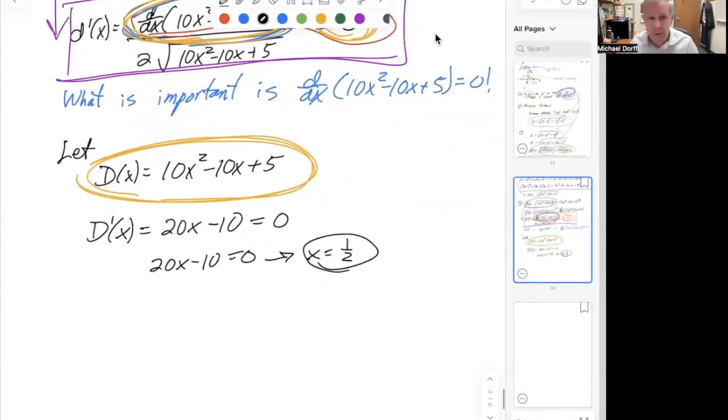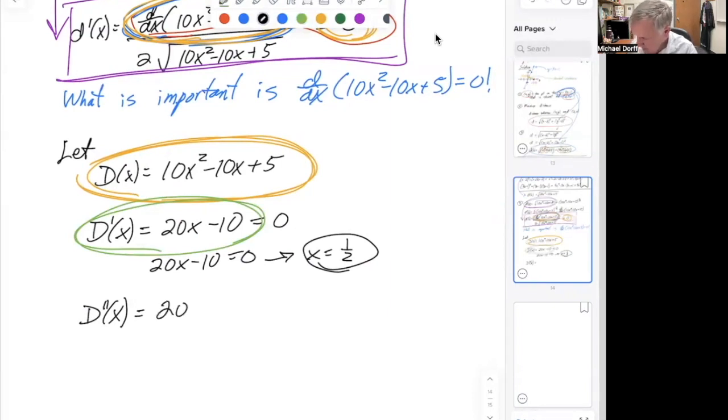Here's where it's a lot easier, because now if I do the second derivative, I'm going to get the derivative of what we have here in green. When I do that, I get 20. I don't have any x's left, so that's always greater than 0.